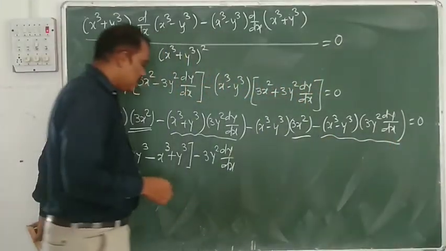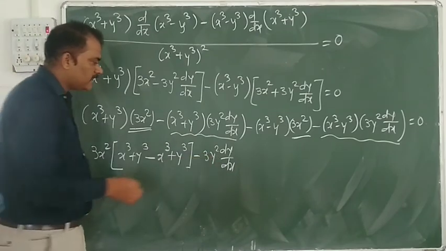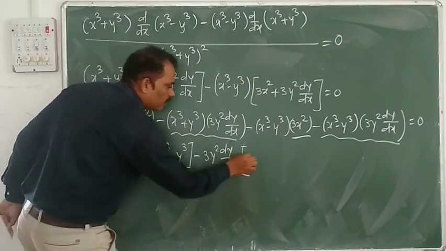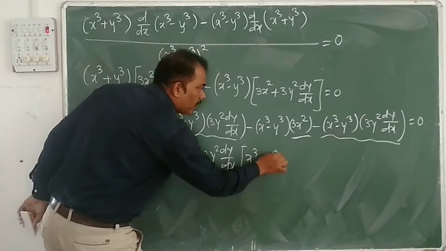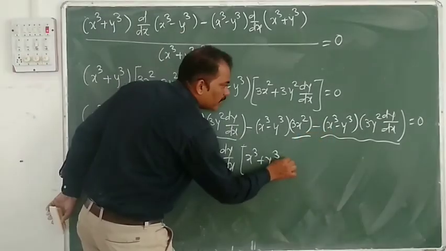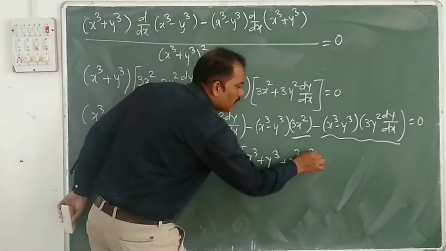We take the minus 3y square dy by dx common, so that remaining here is only x cube plus y cube, and here remaining plus x cube minus y cube.